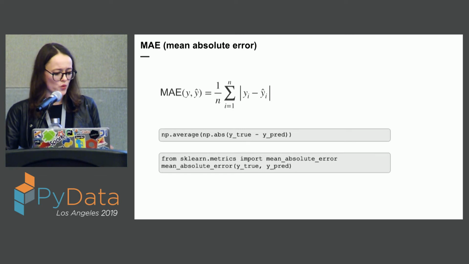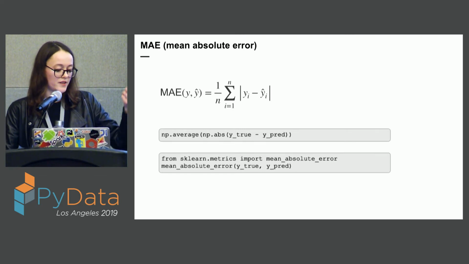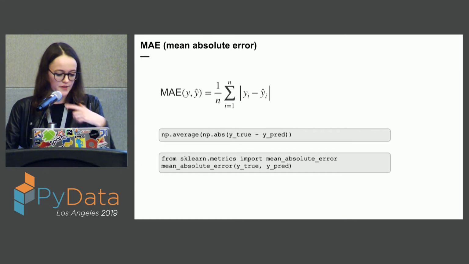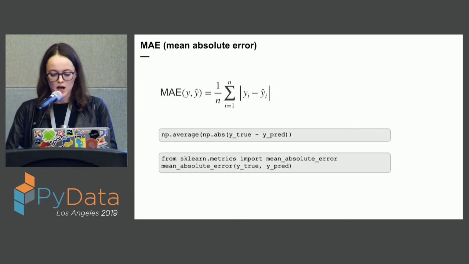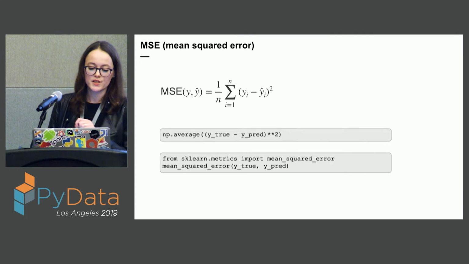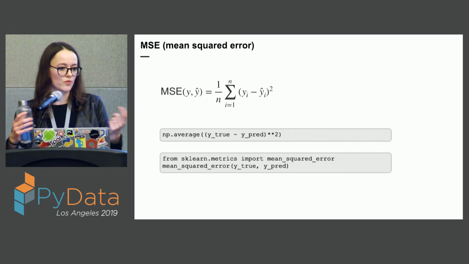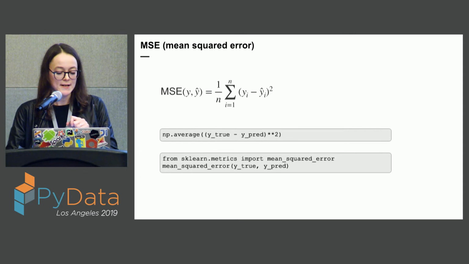The first one, the easiest one, is the mean absolute error. It's essentially just the mean of these absolute errors. It's very straightforward. It's linear. And then we also have mean squared error, very similar to absolute error, except now we just square the errors and take the average of that.